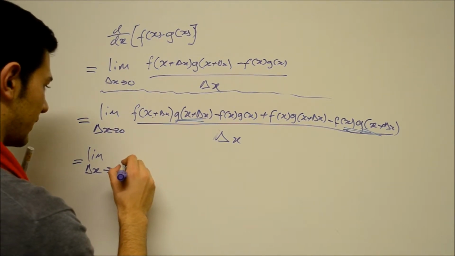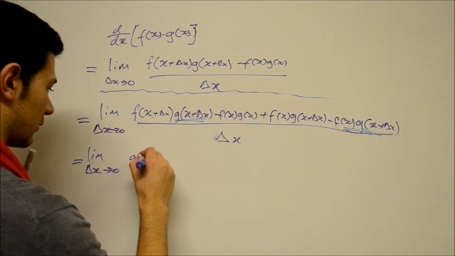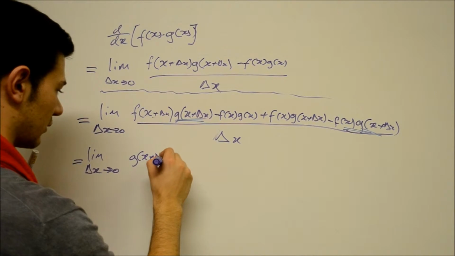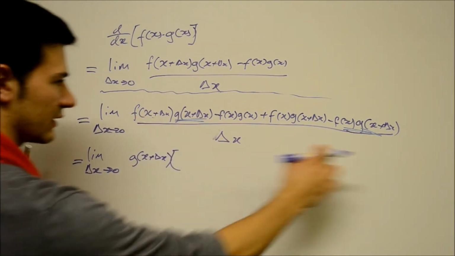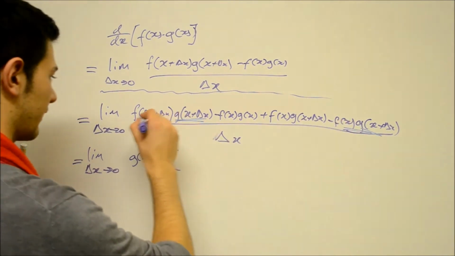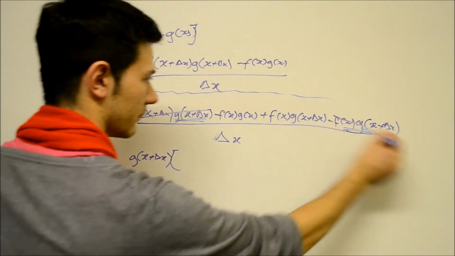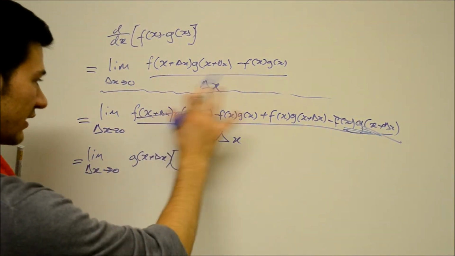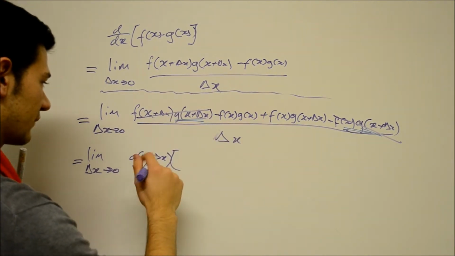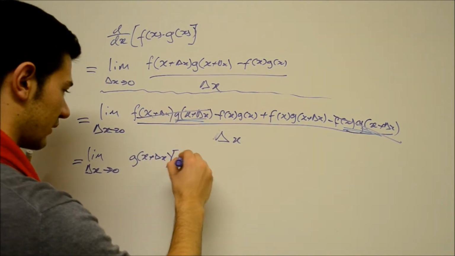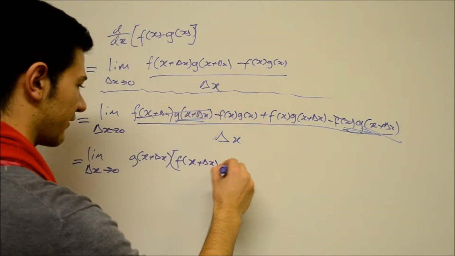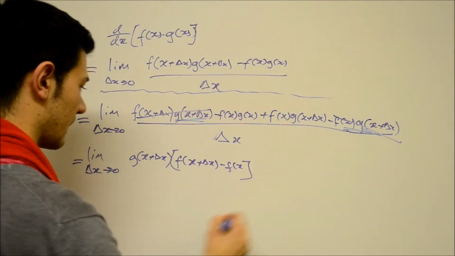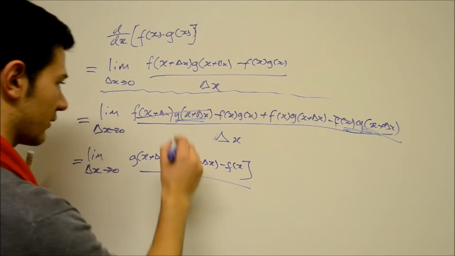So this is going to be g of x plus delta x multiplied by f of x plus delta x minus f of x, and then these two things will cancel, or go away from the expression. So f of x plus delta x minus f of x, and all of that is over delta x.